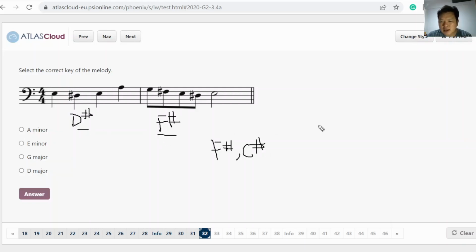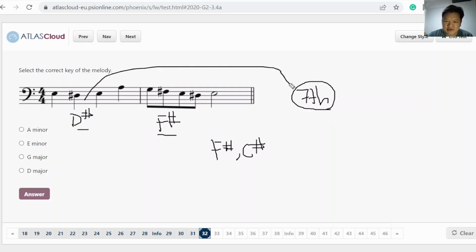So what kind of minor? You got 2 ways to find, because minor always have a 7 note. Correct. Then you need to find the 7 note in the melody. So like this, D sharp and F sharp, actually D sharp is the 7 note. Correct. D sharp is the 7 note. Then you need to count backwards.